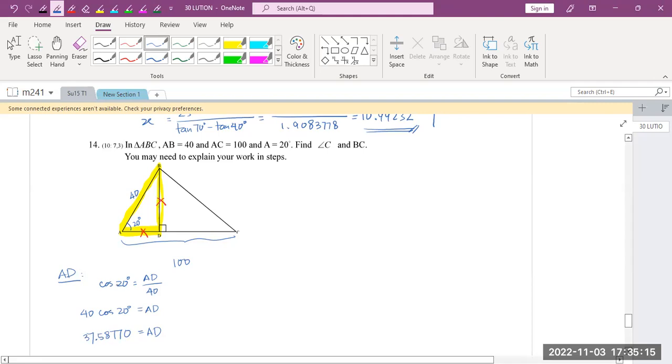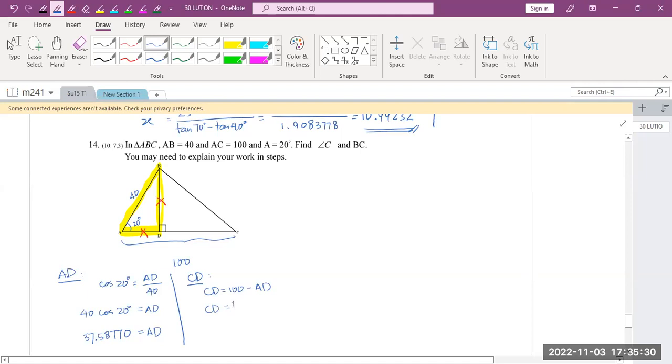Now from this AD, we can find CD. CD is 100 minus AD, because AD plus CD equals 100.